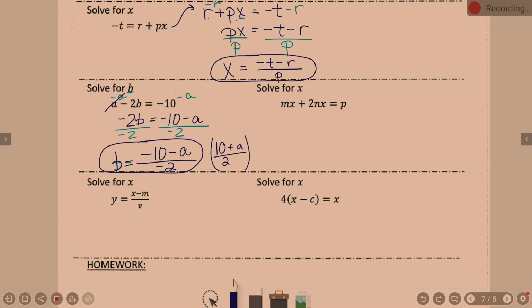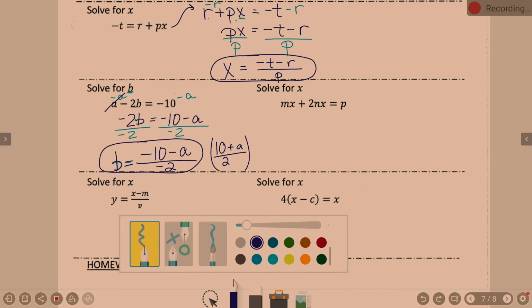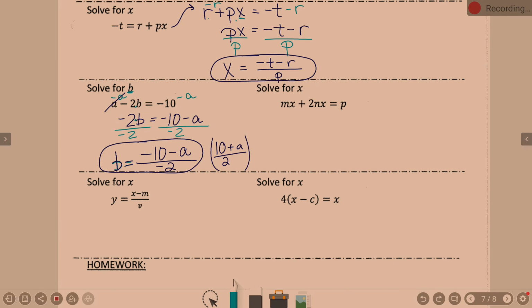mx plus 2nx equals p. I'm solving for x. This one's a little different, but I need to prepare you for what you might see. What do you notice? There's 2 x's instead of 1, isn't there?